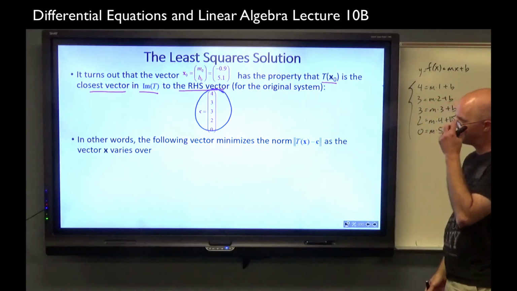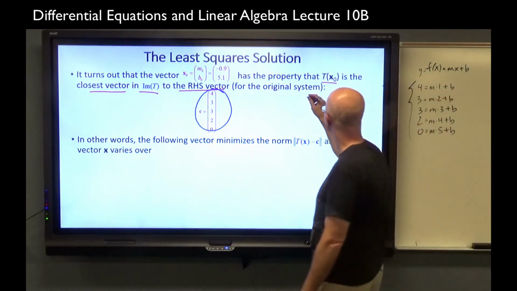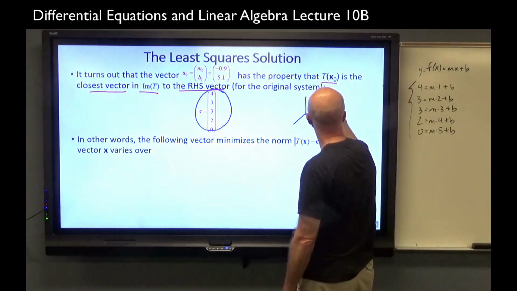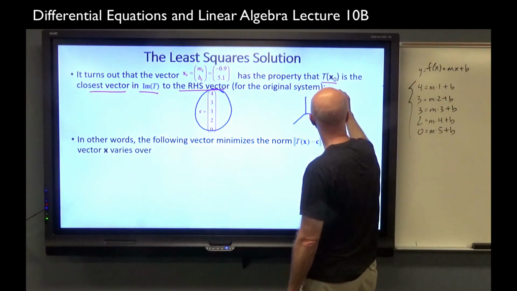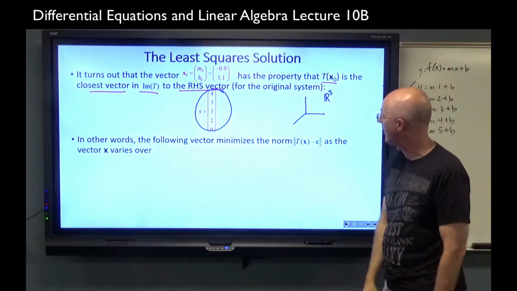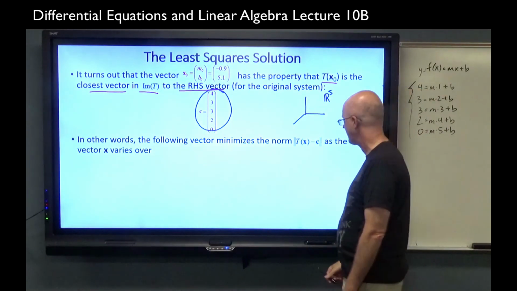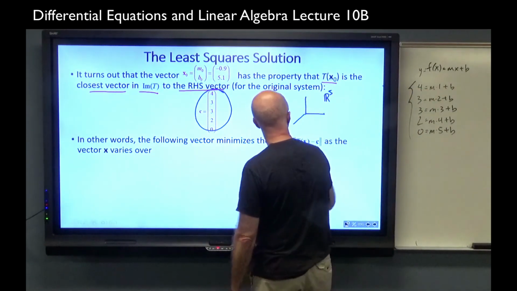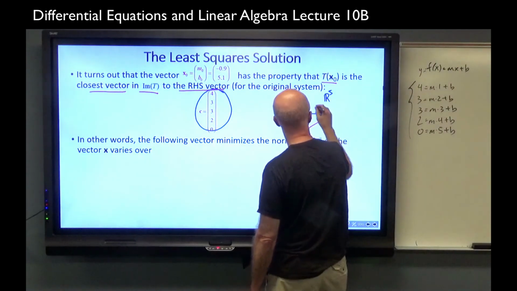If we tried to visualize this, if this drawing were somehow five-dimensional space, which we can only imagine by analogy, we can't literally draw or imagine, the image is going to be some plane through the origin.